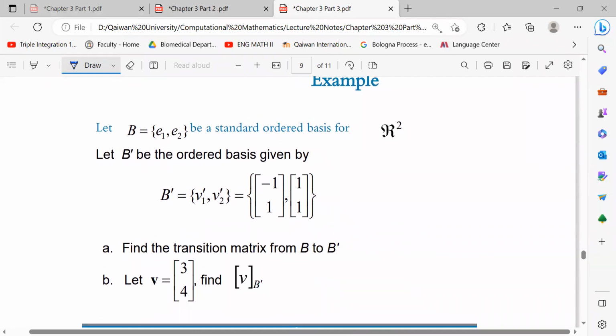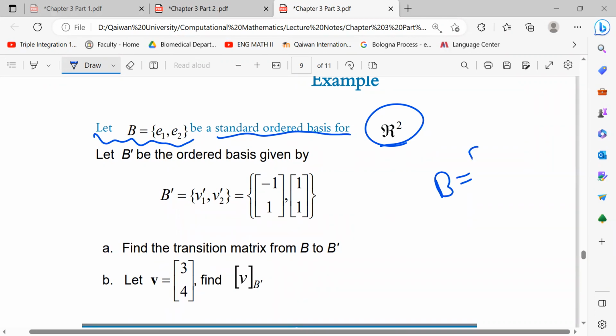We have this example. It's the second example about the same topic, about transition matrix and coordinates. Here, it says let B be E1, E2, the standard ordered basis for R2. You should know that. What's the standard base in R2?